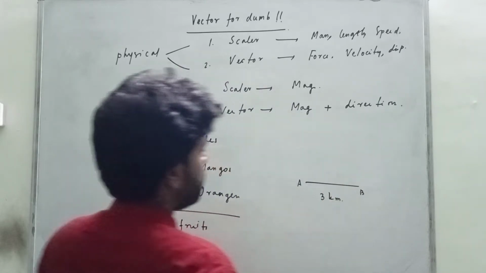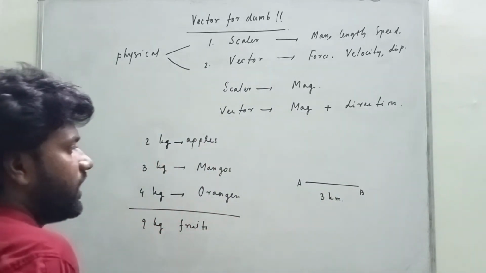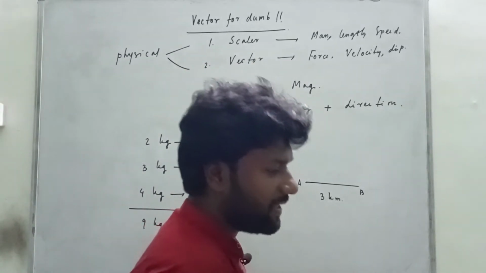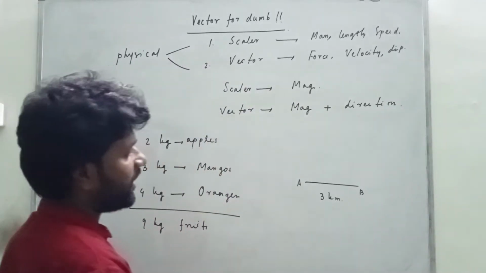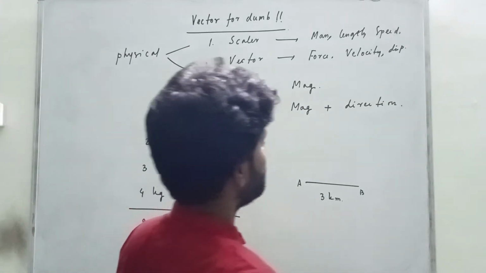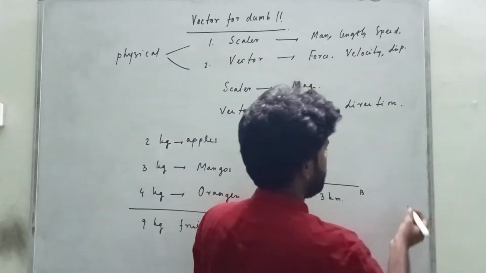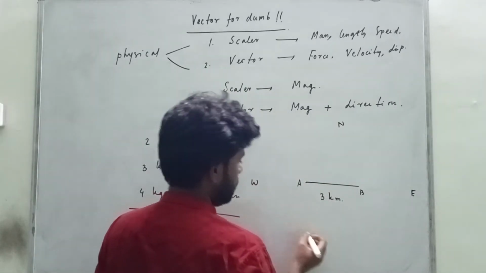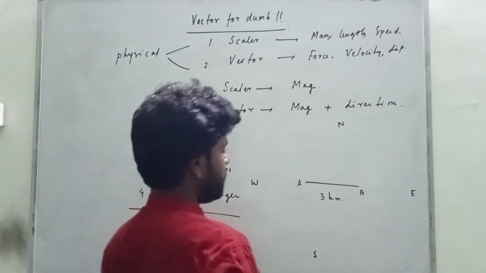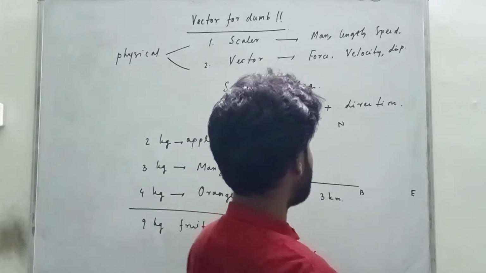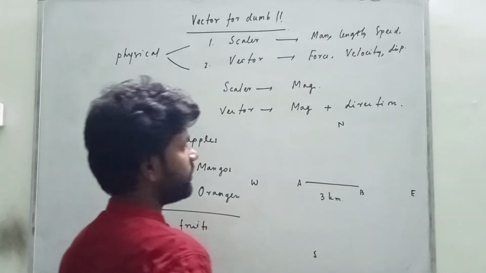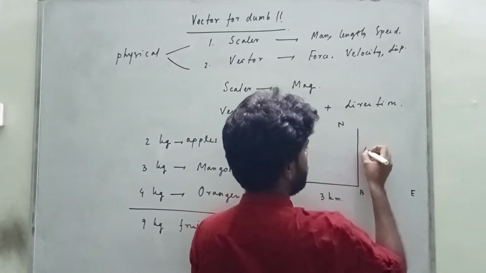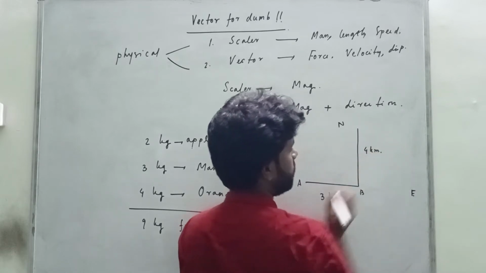Please go 3 kilometers from A to B, and then please turn left and go 4 kilometers towards north. Just 3 kilometers towards east and 4 kilometers towards north, right?